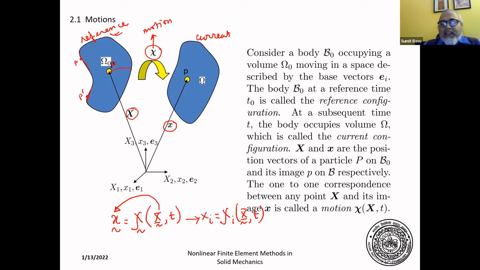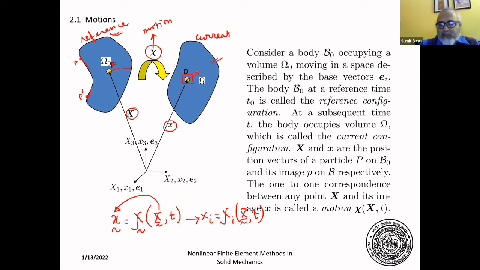In one case, I am concentrating on the current configuration, and I am taking a point small x and asking questions about this point. For example, what is the stress in this small box around this point, or what is the displacement or velocity of this point. That's the spatial description, where I express all quantities as functions of small x.